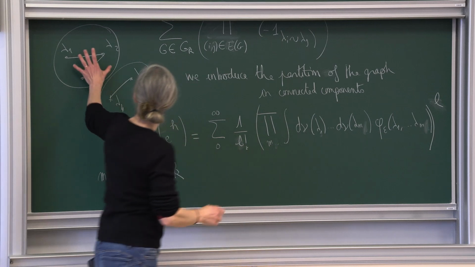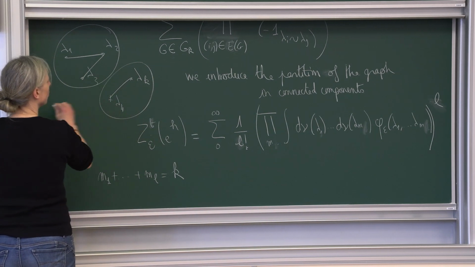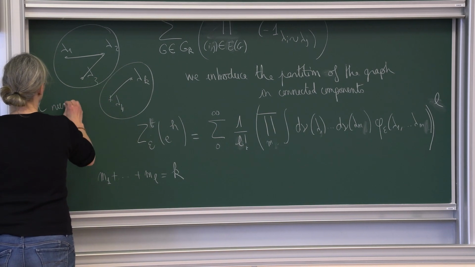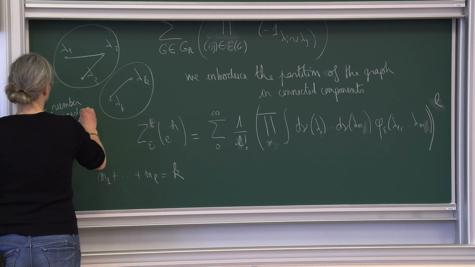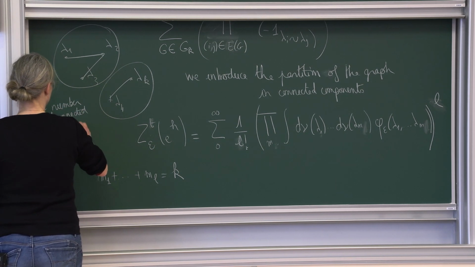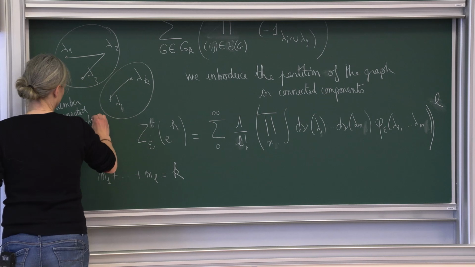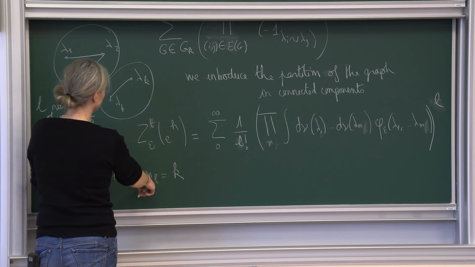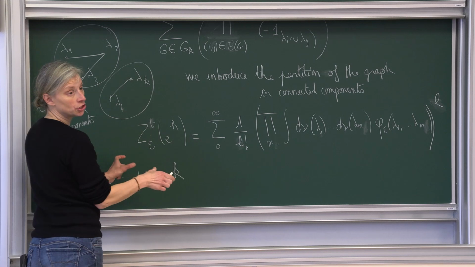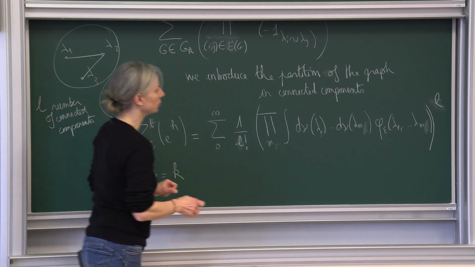So L is the number of connected components, and then m1, ..., m_L are the sizes of each connected component.